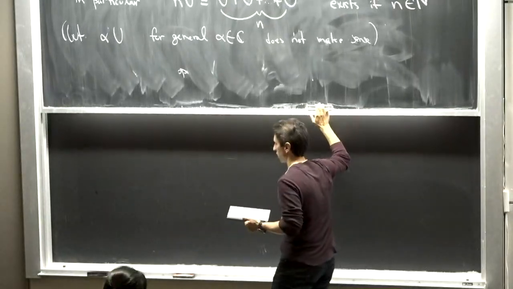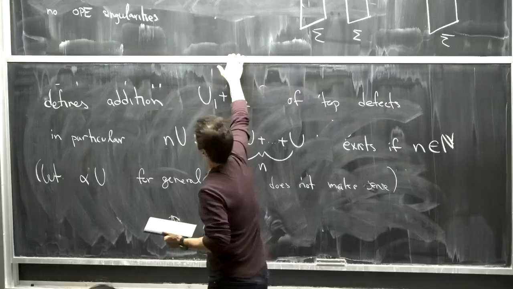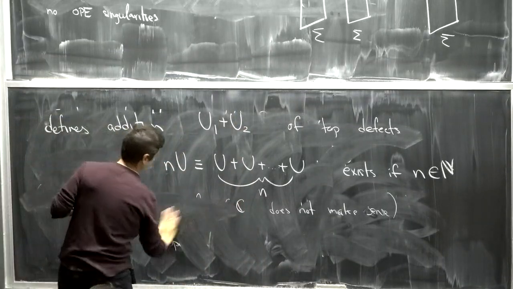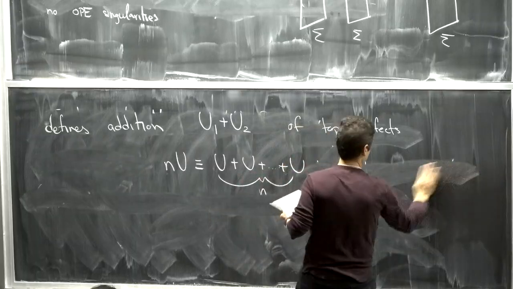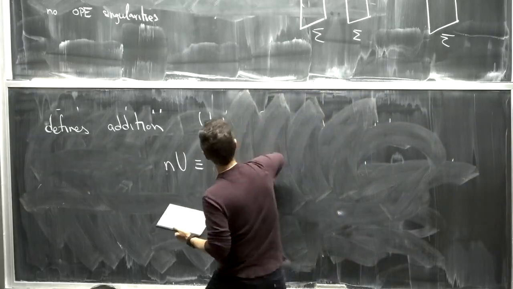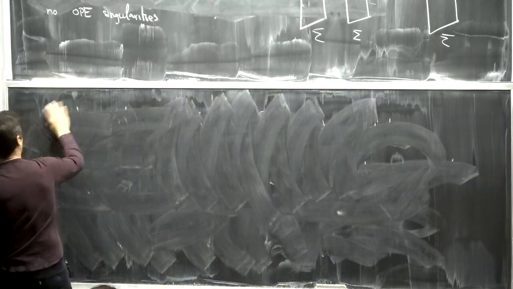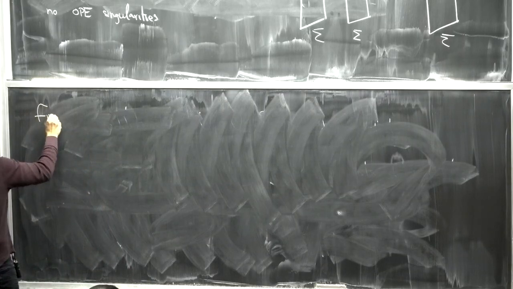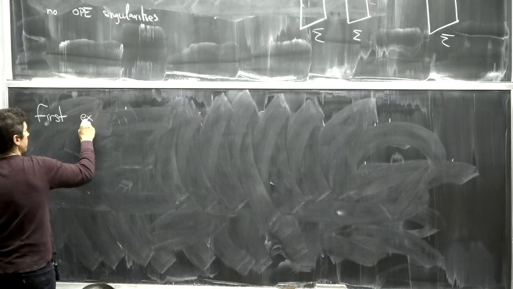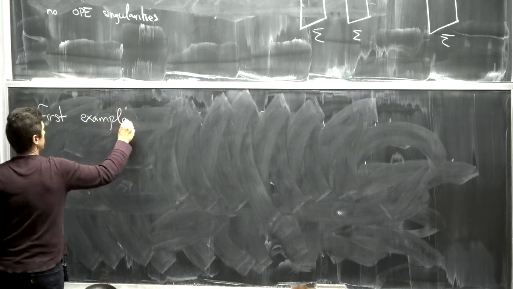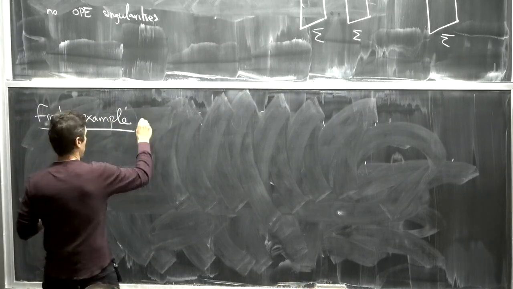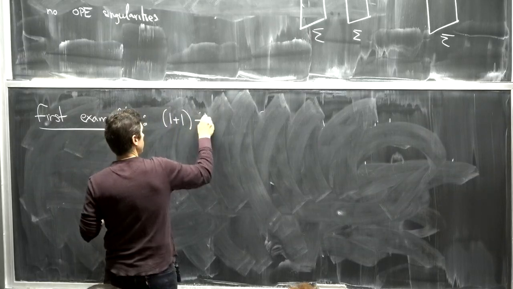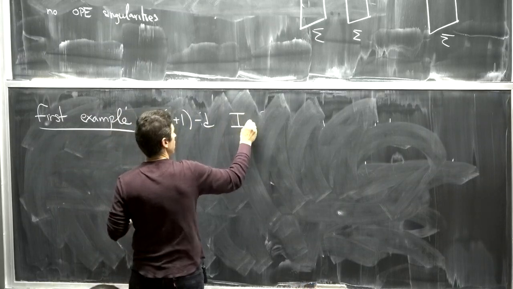And therefore, we're going to see that there really are non-invertible symmetries out there. Okay. So now we're going to exit the realm of the abstract and go to the concrete. We're going to do the 1+1D Ising model.